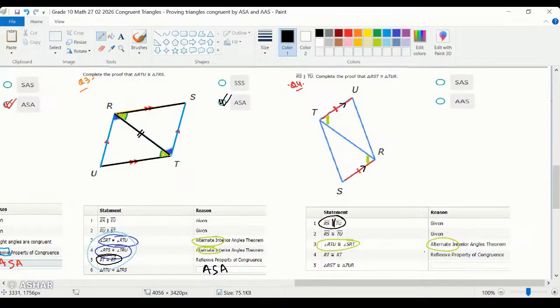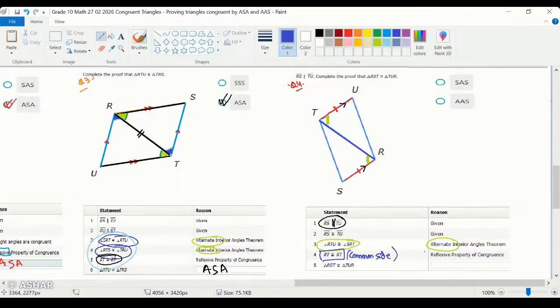They're saying RT equals RT. That means they're giving us a common side, right? This is the common side.